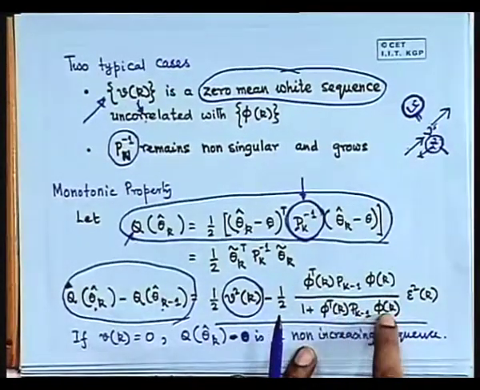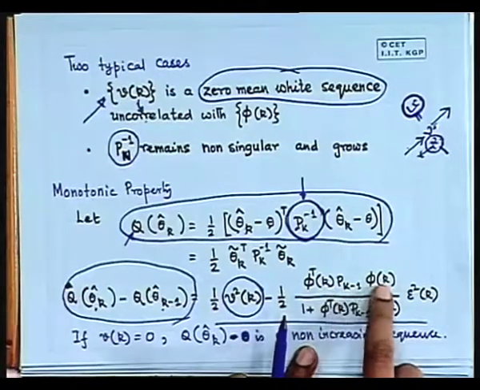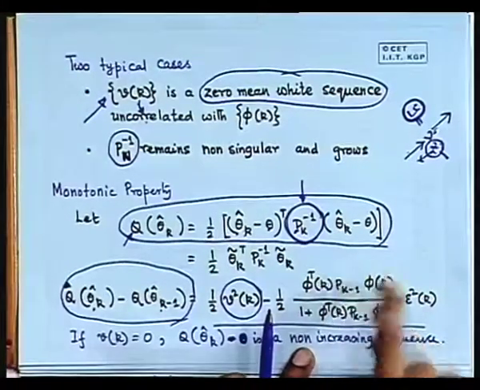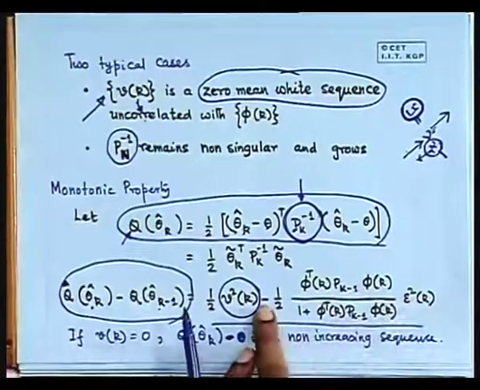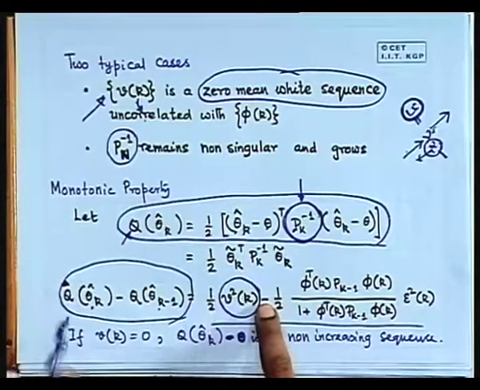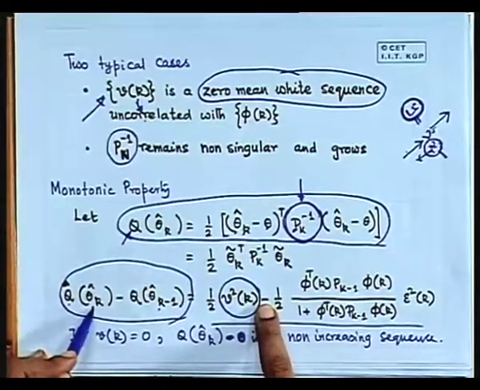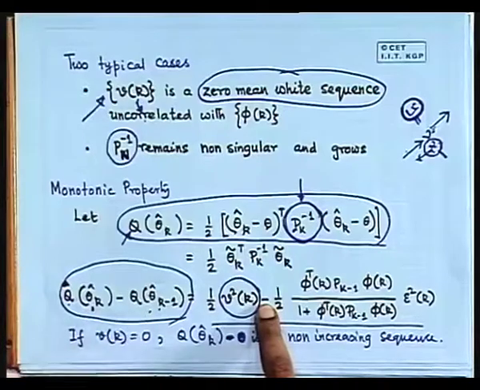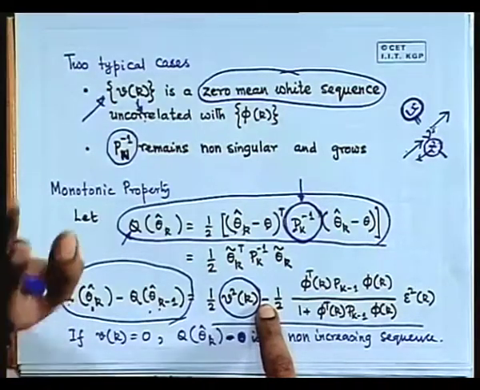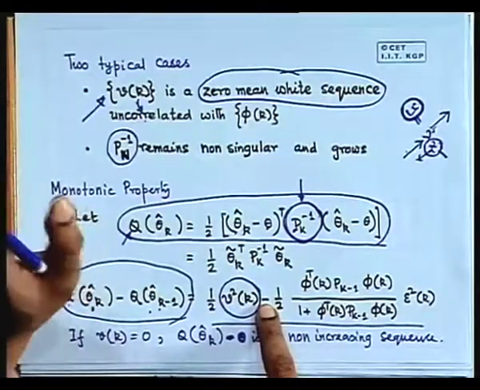See, phi transpose p phi is a positive quantity, so their ratio is also a positive quantity. This epsilon square is also positive, here is a minus, which means that q theta hat k is less than or equal to q theta hat k minus 1. It cannot increase.